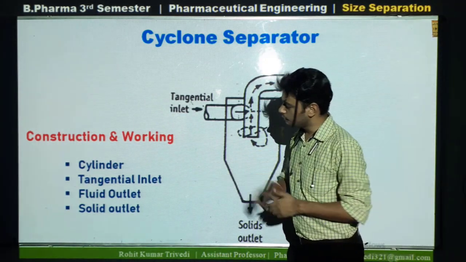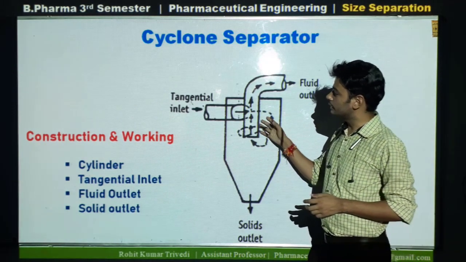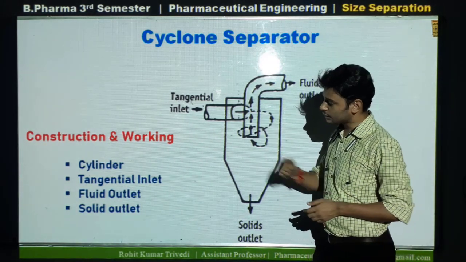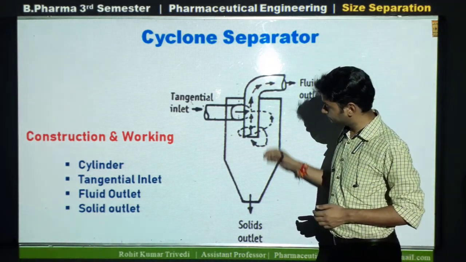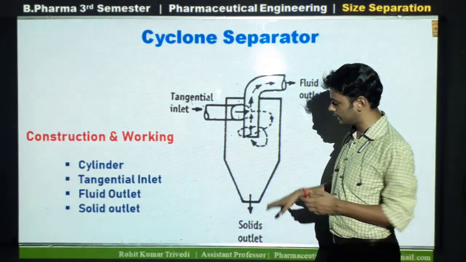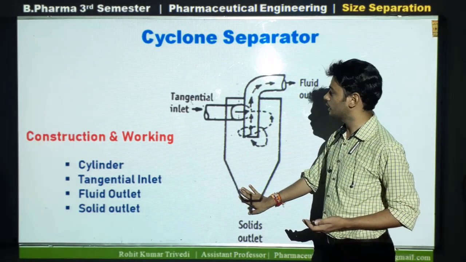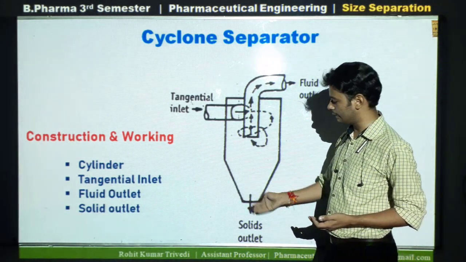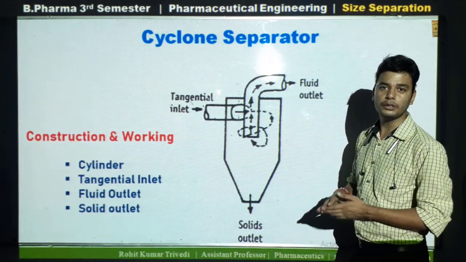The last part of the machinery is the solid outlet. At the bottom of the cyclone separator, you can see the solid outlet. Basically, the heavy particles settle down at this particular area, and ultimately we just collect and remove this material from the bottom of the cyclone separator.